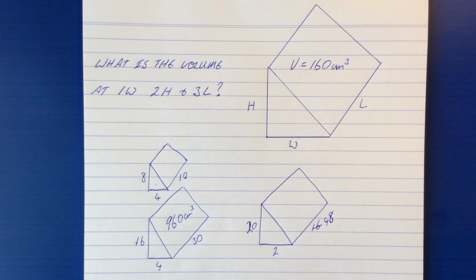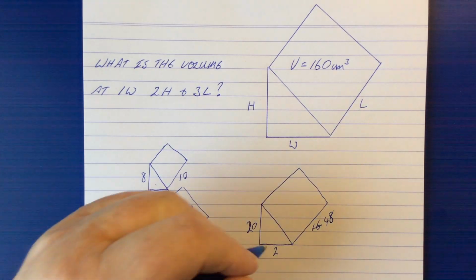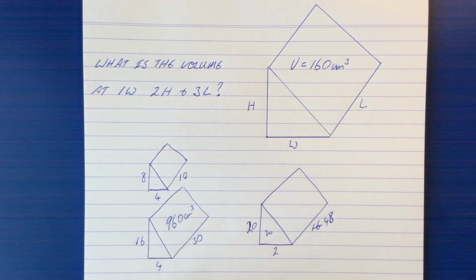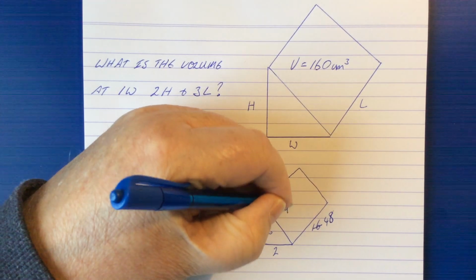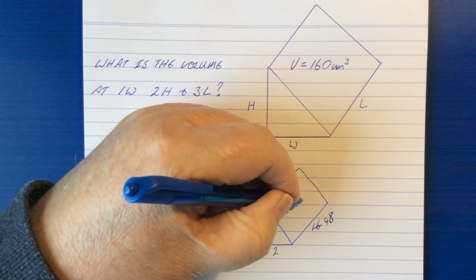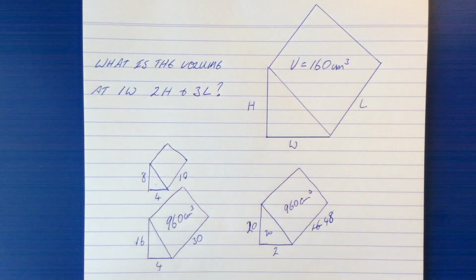So 20 times 2 is 40, divided by 2 gives me 20, and 20 times 48 is 960. I think that that's beyond coincidence.